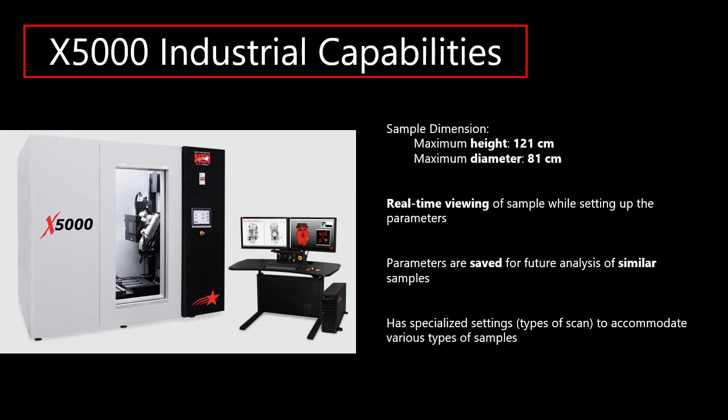We can have real-time viewing of the sample while setting up the parameters. The parameters are saved for future analysis of similar samples. We have specialized settings and types of scan that accommodate various types of samples.